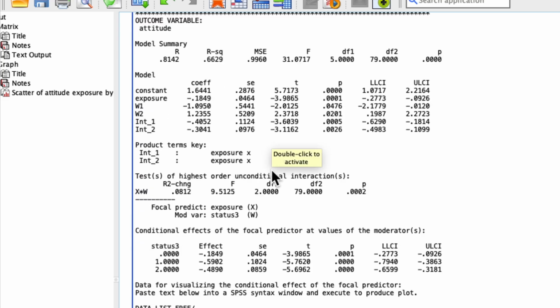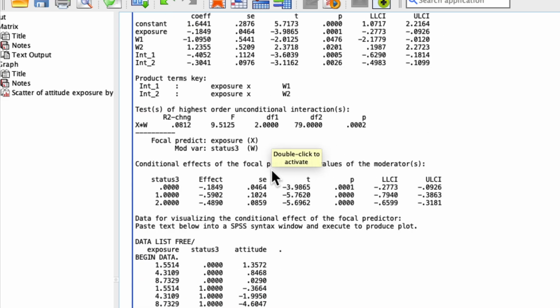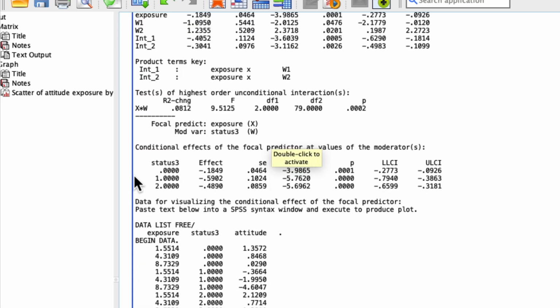So if we look at the next output, namely the conditional effect of the focal predictor at values of the moderators, we essentially see the combined beta coefficients for the specific slope of the category. So again, we see this for the first one.